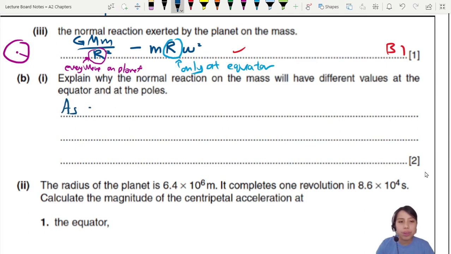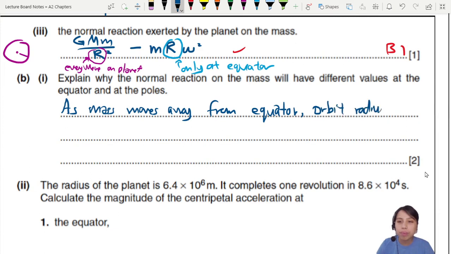You can say as a mass moves away from the equator, what changes? The orbit radius, let's call this r, in the term m r omega square for centripetal force, decreases. Smaller and smaller orbit radius, right?